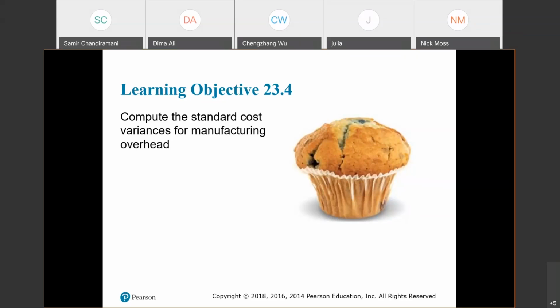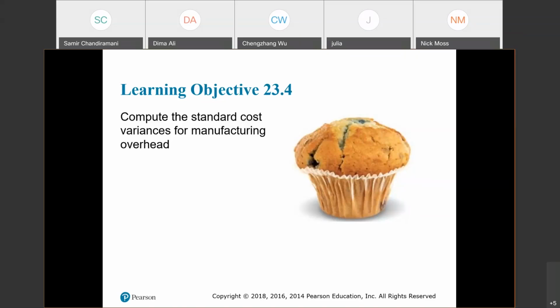Similarly, we learned to analyze direct labor variance, and we know total direct labor variance can also be separated into two parts: cost variance and efficiency variance. Today we will discuss the analysis of the manufacturing overhead variance.